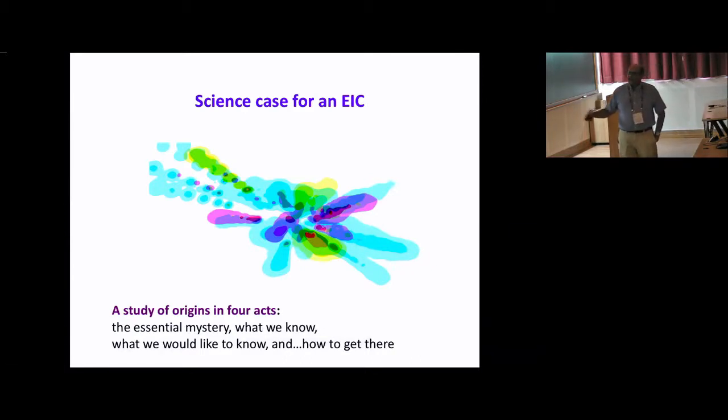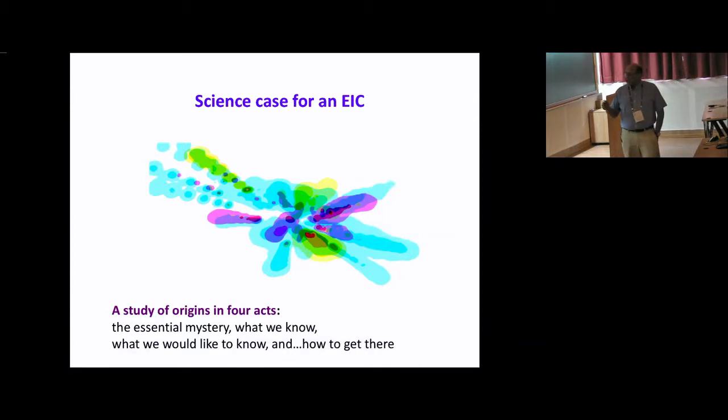And so you can think of it as a story of origins, because that's what it's about. Where does the mass of the visible universe come from? But more specifically, you can couch it as, what is the essential mystery? What is it that we really want to know?